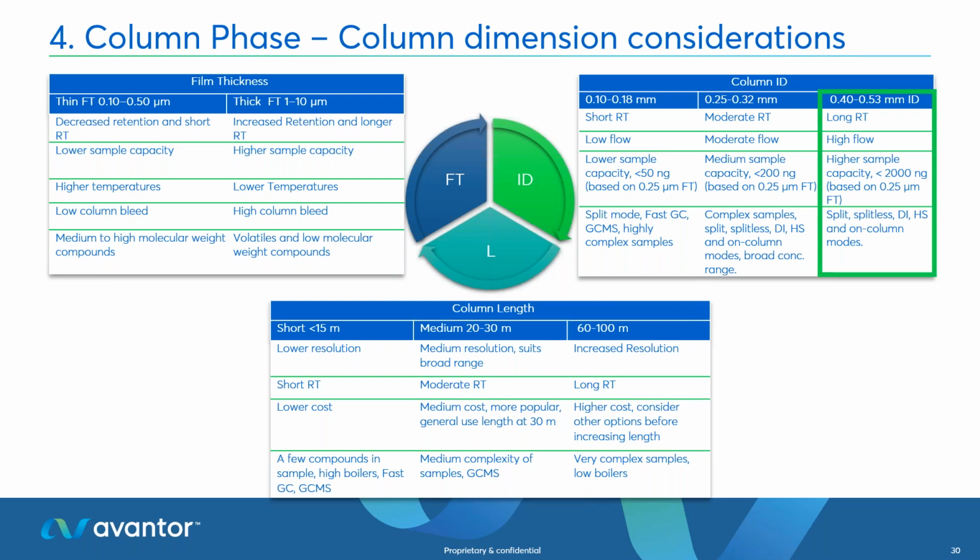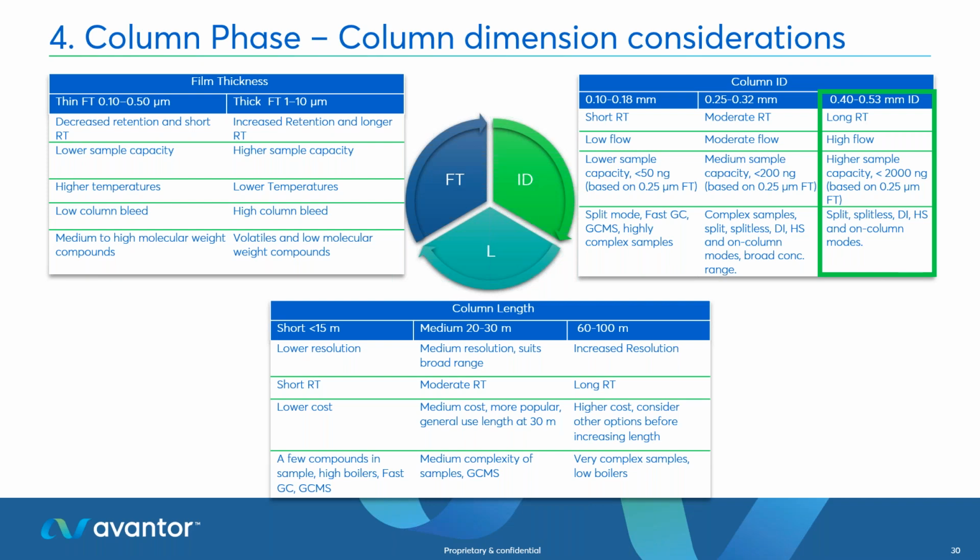Then when we look at the column ID, the internal diameter, if we look at the larger bore, so 0.4 to 0.53 millimeter ID, these are good for high flows. So then if you're using headspace, if you've got split flows, a lot of flow going down that column, high capacity samples, and then you may have longer retention times slightly just because there's more space inside the column.